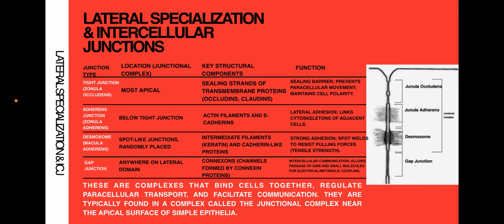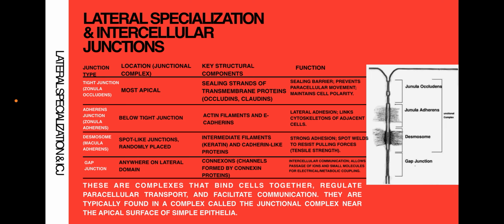It is the relationship between the cells themselves, epithelial cells, and they facilitate communication between the cells. They are typically found in a complex called the junctional complex, and usually they are near the apical surface of simple epithelia.